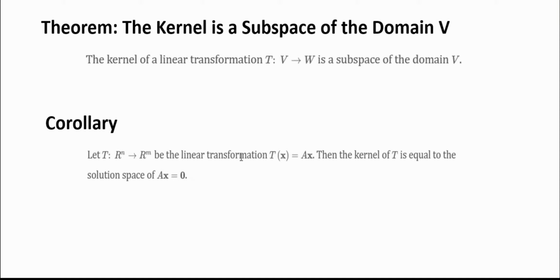This linear transformation is no more than the multiplication of the matrix A, and indeed you see that. So that transformation is no more than just sophisticated terminology for multiplying a vector x times A. Then the kernel of T is equal to the solution space of Ax equal to 0. Now that's important because we've been doing that already. You set Ax equal to 0, you solve basically the homogeneous system, and the values of x that you get are said to be the values in the kernel. All of those values collected is said to be the kernel.